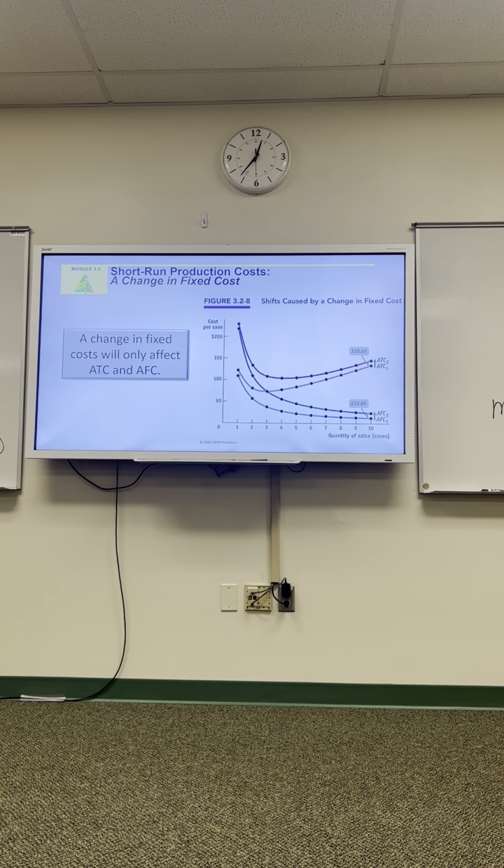This is important. A change in fixed cost will only affect average total cost and average fixed cost. It will not have any impact at all on marginal costs, and it will not have any impact at all on average variable costs.